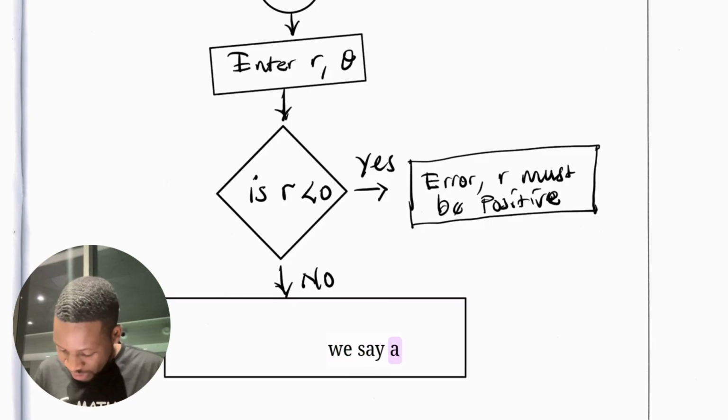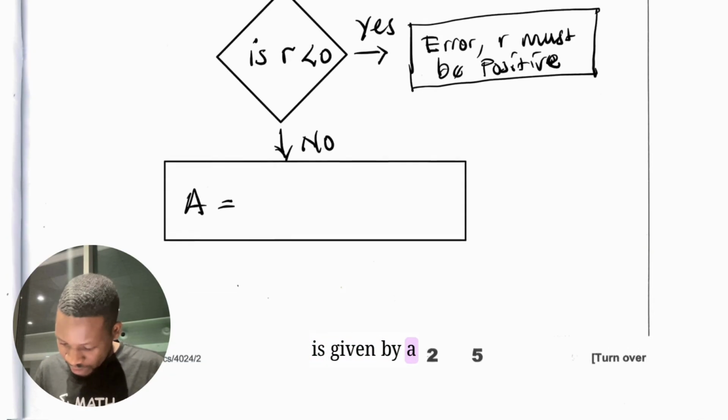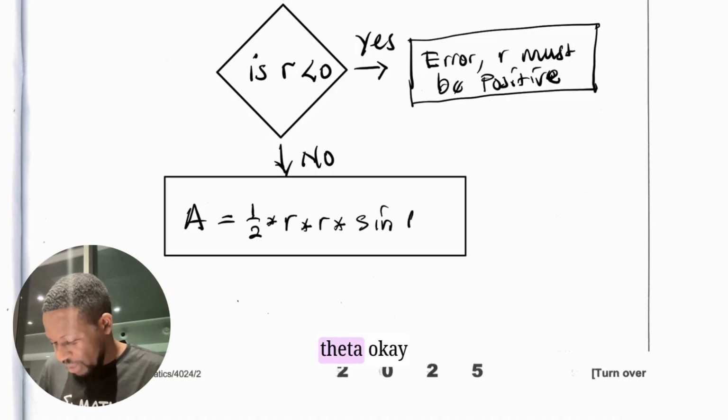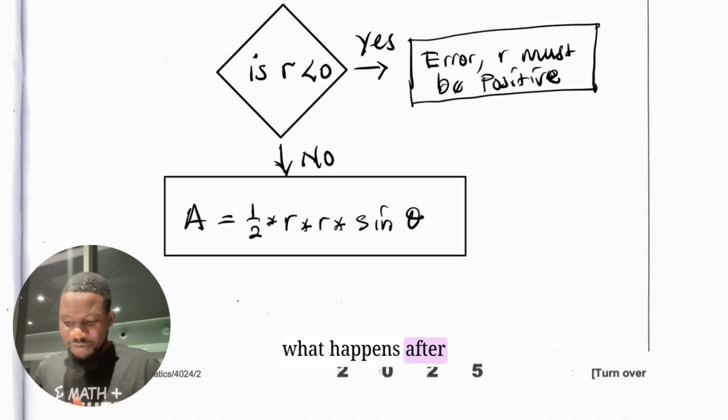Else we say A is given by 1 over 2 star radius star radius star sine theta.